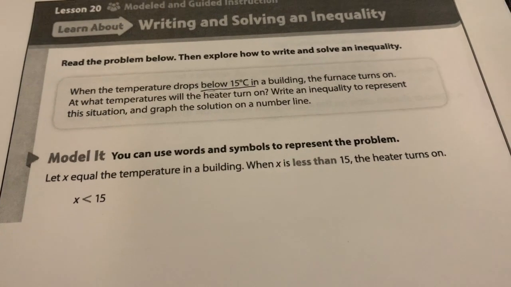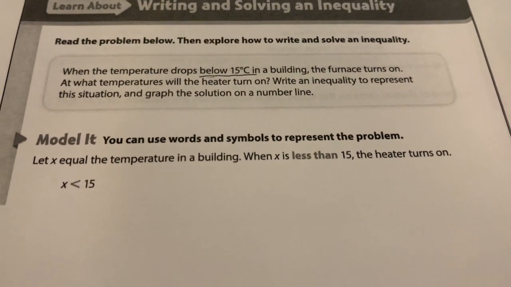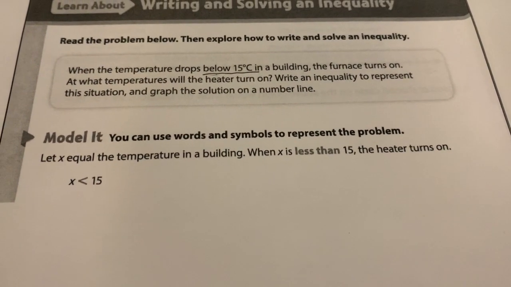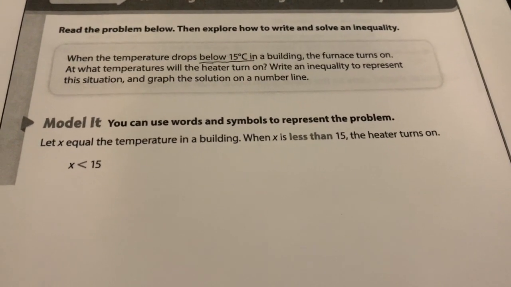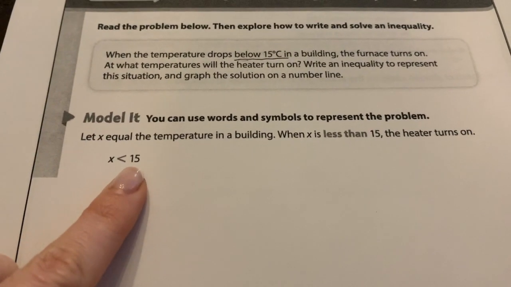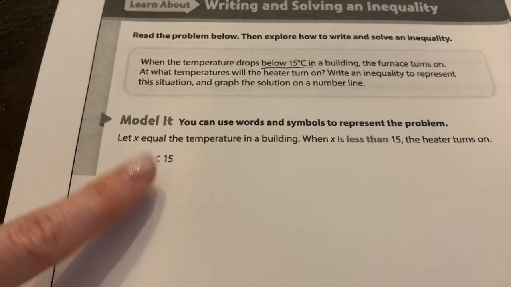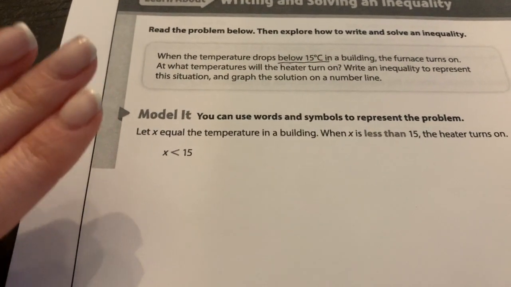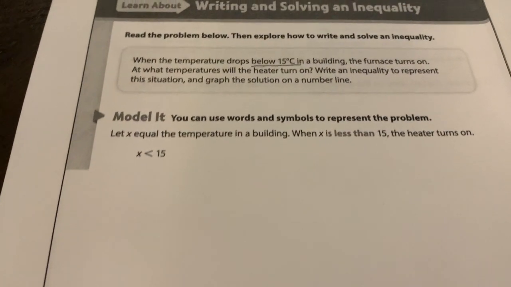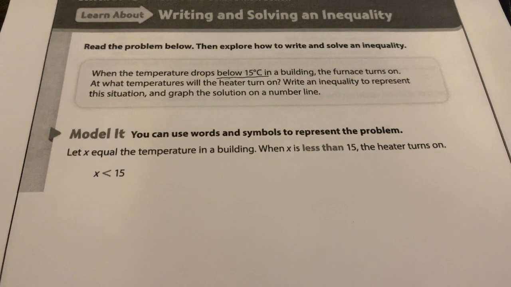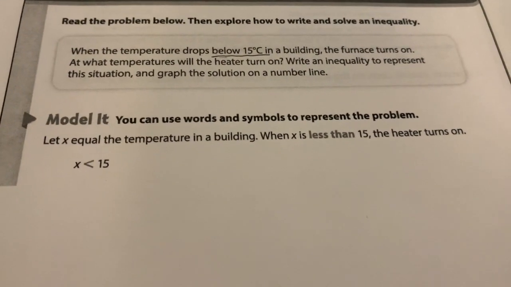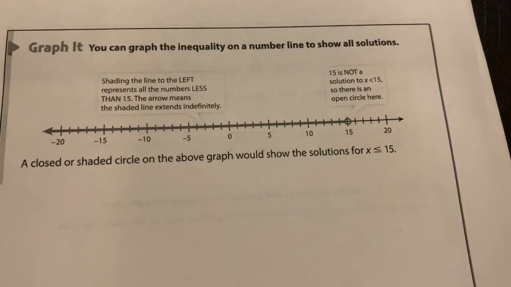We don't have to write 14 degrees, 13 degrees. There's an infinite number of temperatures that it could turn on for. So instead, we write an inequality to represent all of those possibilities. So if it's below 15, it's got to be x is less than 15, not less than or equal to, because then that would mean that it turns on when it's 15 degrees also. So x is less than 15 is the solution.